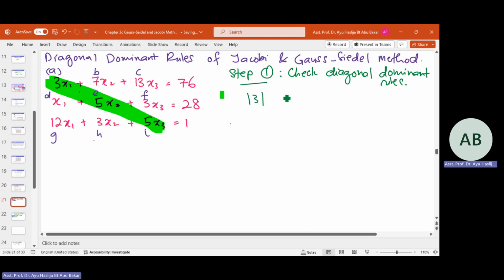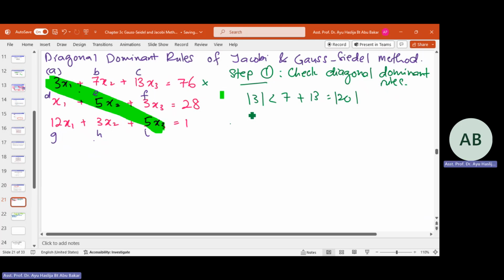Okay, let's see. 7 plus 13, you will get 20. So here it is smaller than B plus C. Does it meet the rules? No, right? Okay, so equation 1, it doesn't meet the rules.